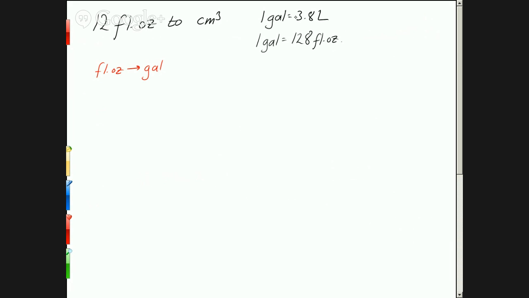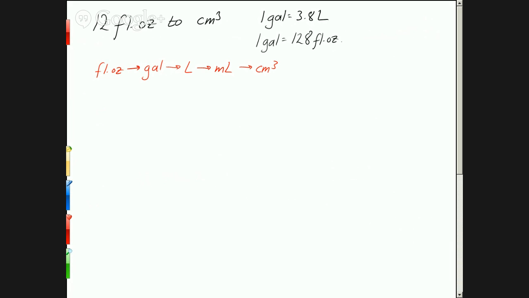So at some point, we're going to have to use this conversion to get us from English units to metric units, which means we have to get our ounces to gallons in order to get them to liters to get over to the other side. All right, so that's kind of the overall plan. You saw that in your head, so you knew to do that next. So that means we can go gallons to liters, and then liters to milliliters, and then milliliters to cubic centimeters.